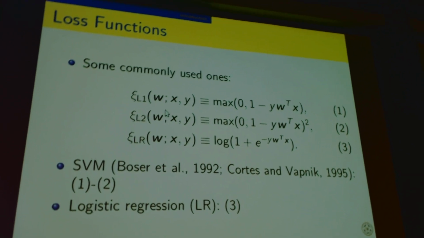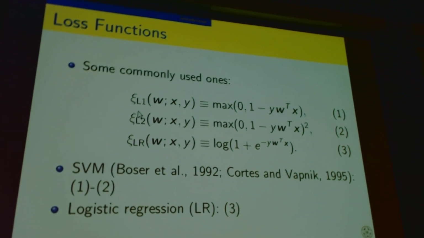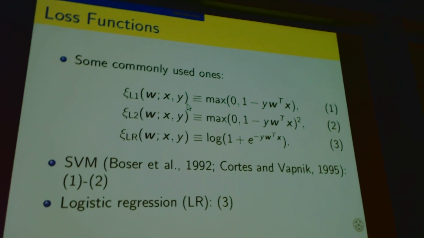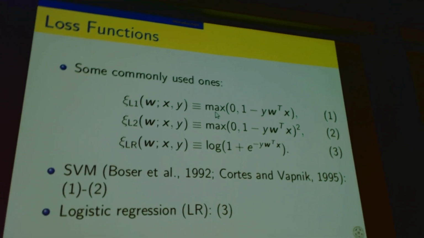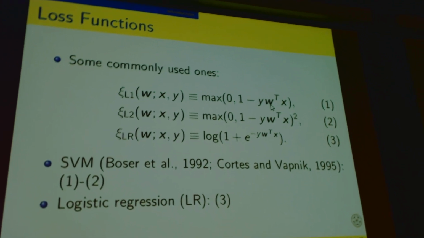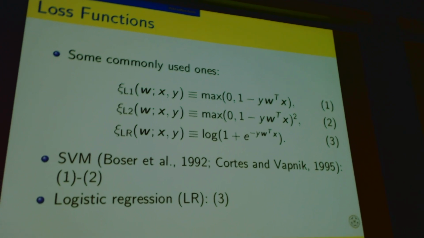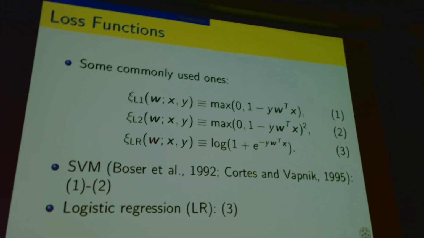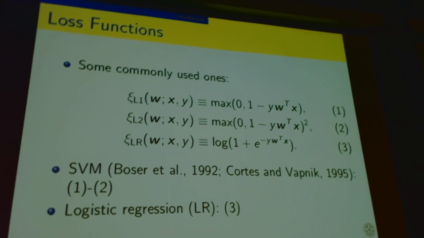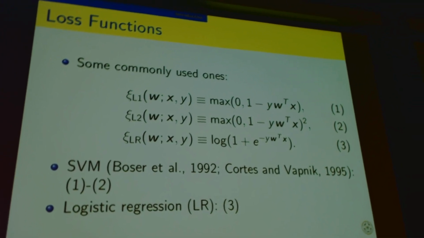There are a bunch of commonly used loss functions. The first one is called the hinge loss. For the hinge loss, basically we take the max between 0 and 1 minus y W transpose x. Why that? Because we hope that our model W leads to W transpose x having the same sign as y. If y is positive, you hope W transpose x is also positive.